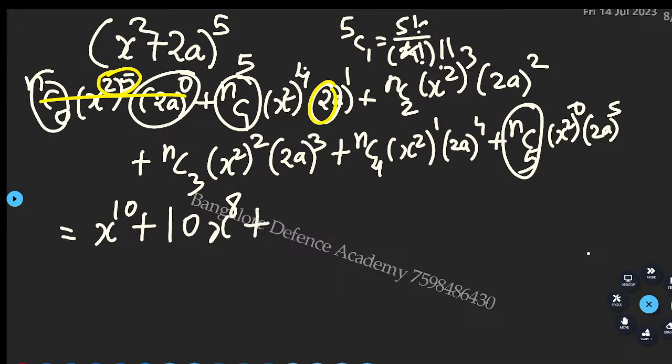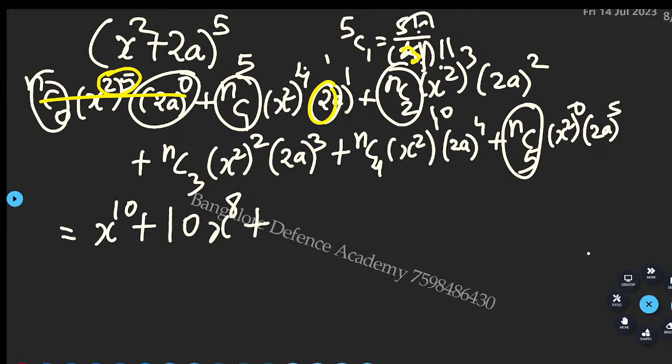Next, plus. Now 5C2. What happens? This is 3 factorial. 5 into 4, 20, right? 10 ही मिलेगा. Okay. So इधर भी 10 मिला. 5C1 हो गया. 5C2 का भी 10 मिलेगा. और इधर 4.